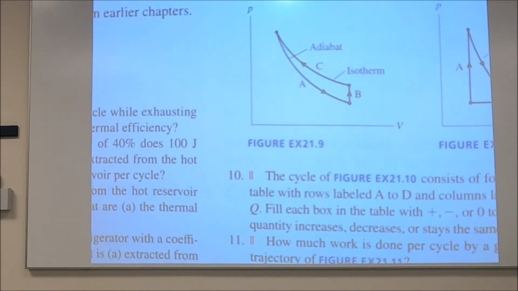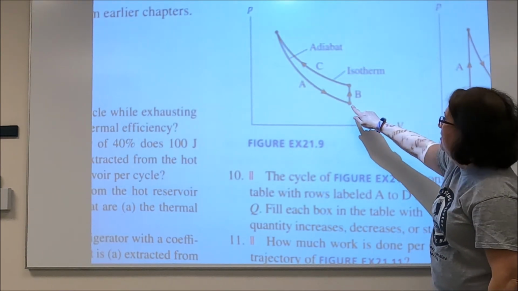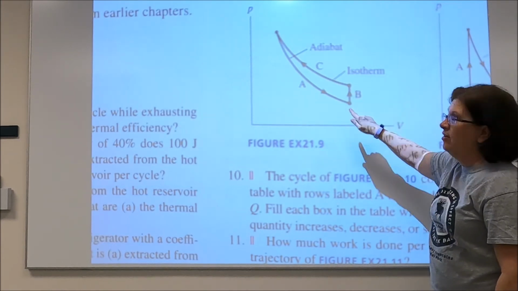Now I'm going to do the table, talk you through it, and then I'll flip over here and we'll show it. So we've got process A, process B, process C. I want to talk about the change in thermal energy, the change in Q, and WS. When I look at B, let's start off real easy. We know that that's an isochoric process.